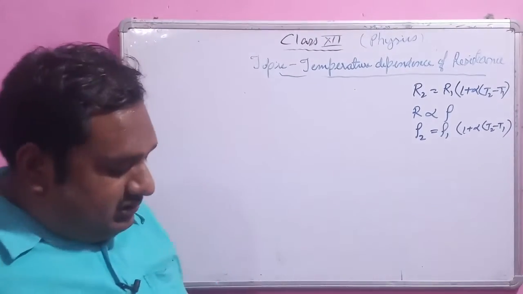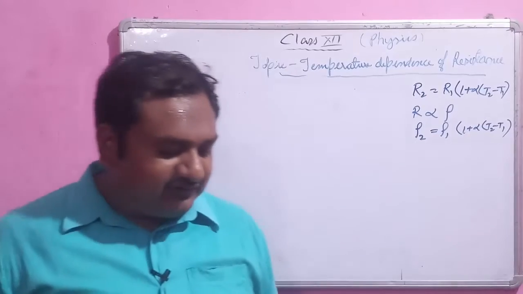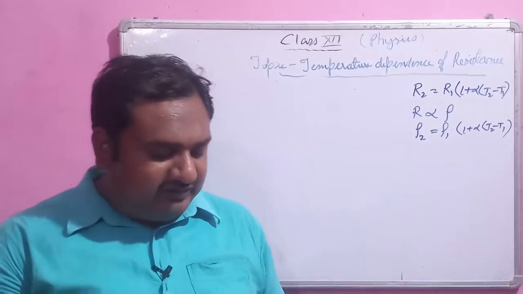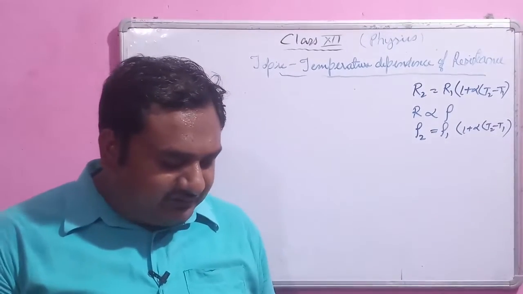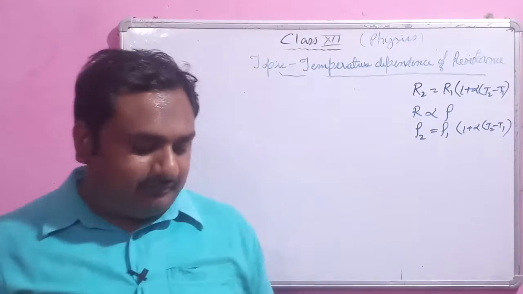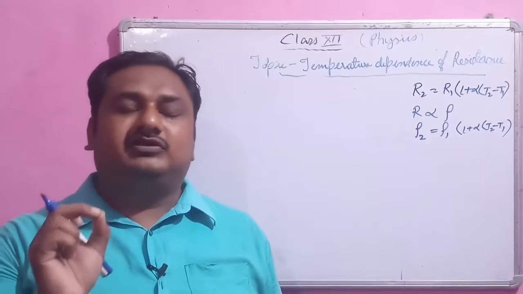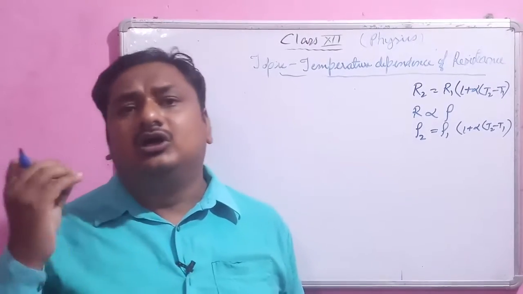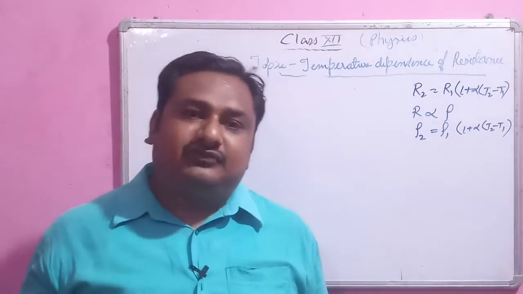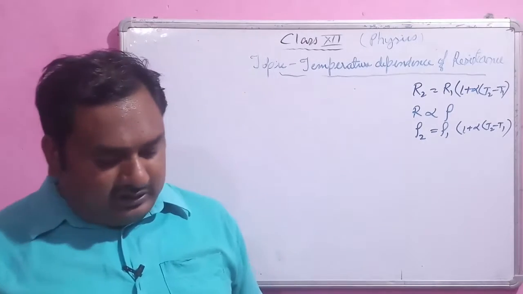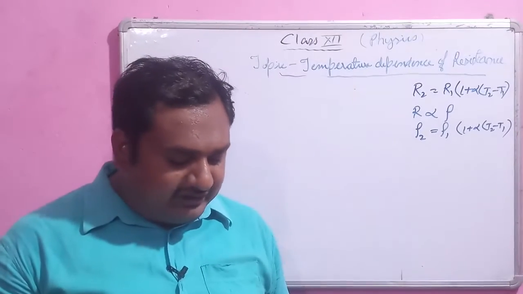Now see in your exercise page number 127, question 3.5, fifth question. At room temperature 27 degrees Celsius, means initially the conductor is placed at room temperature of 27 degrees Celsius, the resistance of a heating element is 100 ohm.